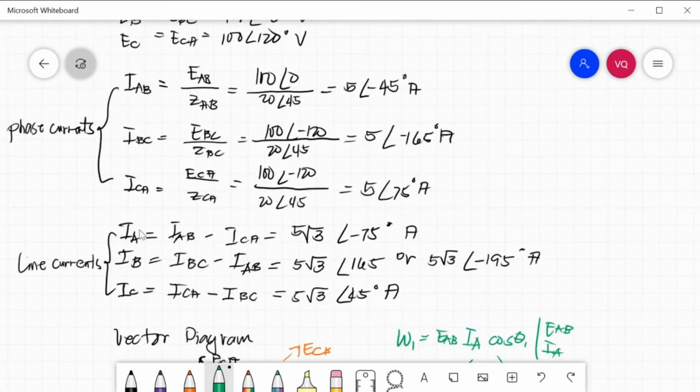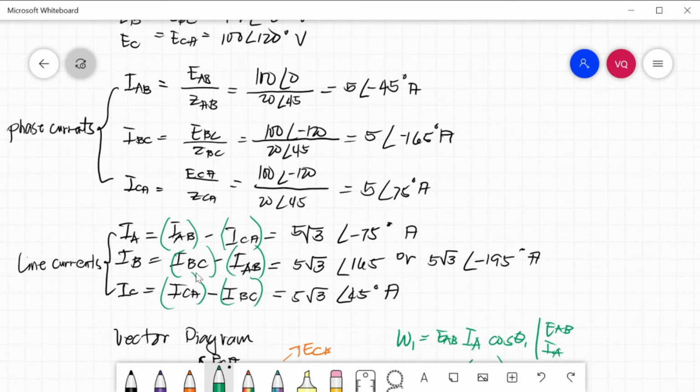So line current IA is equal to IAB minus ICA, our IAB is 5 angle negative 45 in parentheses. So put parentheses when you input it in your calculators. So IA is equal to 5 square root of 3 angle negative 75 degrees amperes.